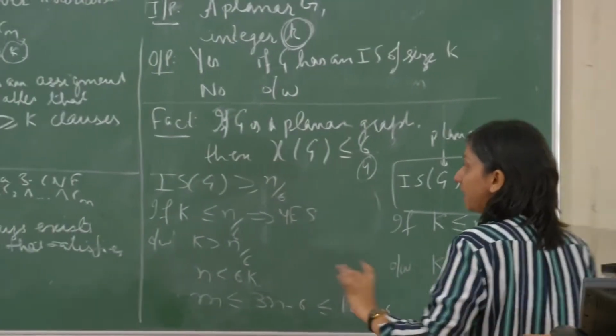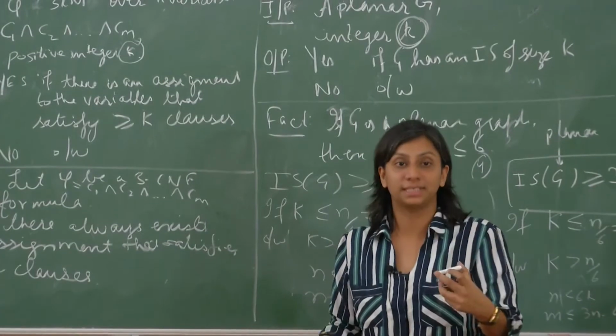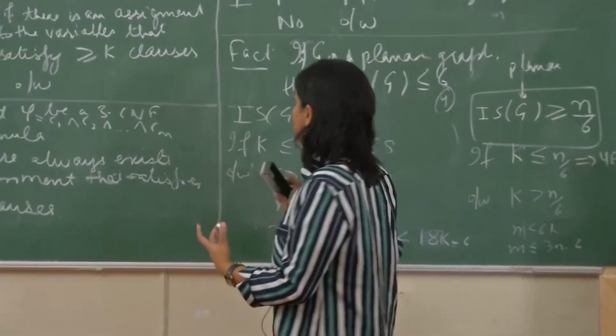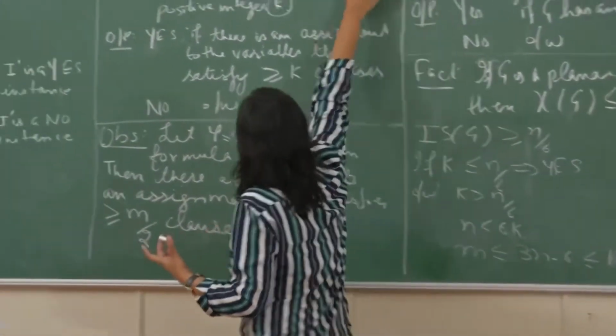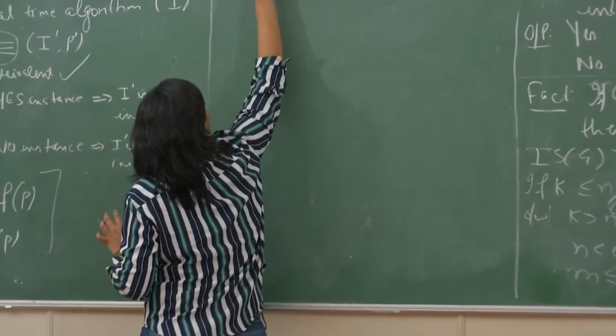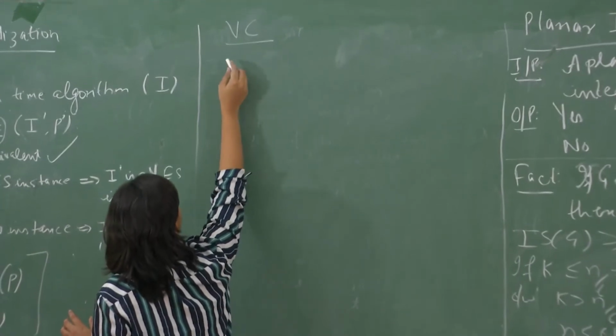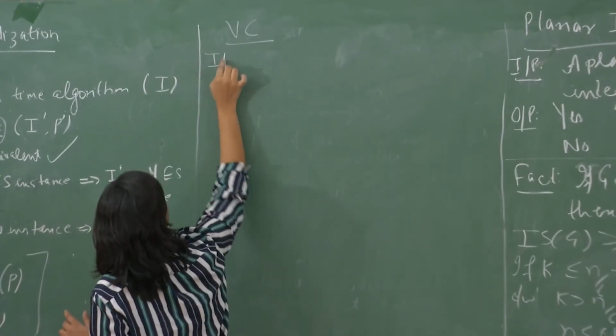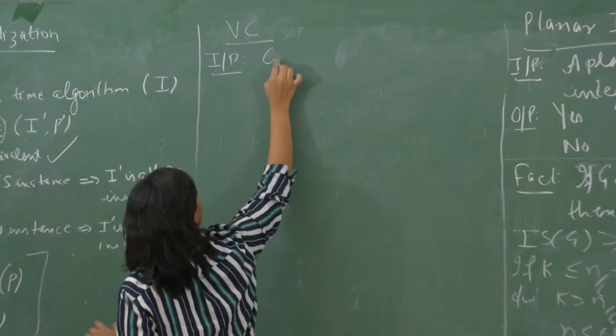So there we actually have to design some real pre-processing and get a kernel. So we have this vertex cover problem. Again, we all know the problem. Still, let me write it. Input is a graph G and an integer k.